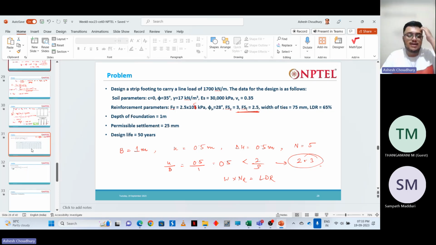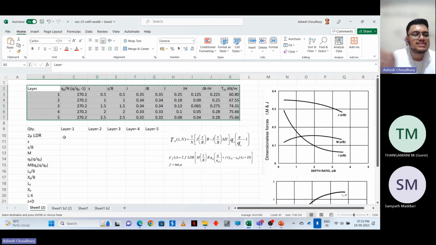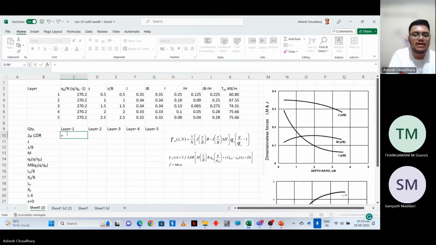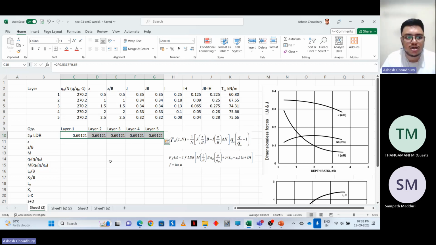So let us do this: equal to 2 times tan 28 degrees. Tan of 28 degrees is 0.5317. 0.5317 times LDR. LDR is what? 0.65. So we get 0.69. All right, we got the first term, twice F LDR.